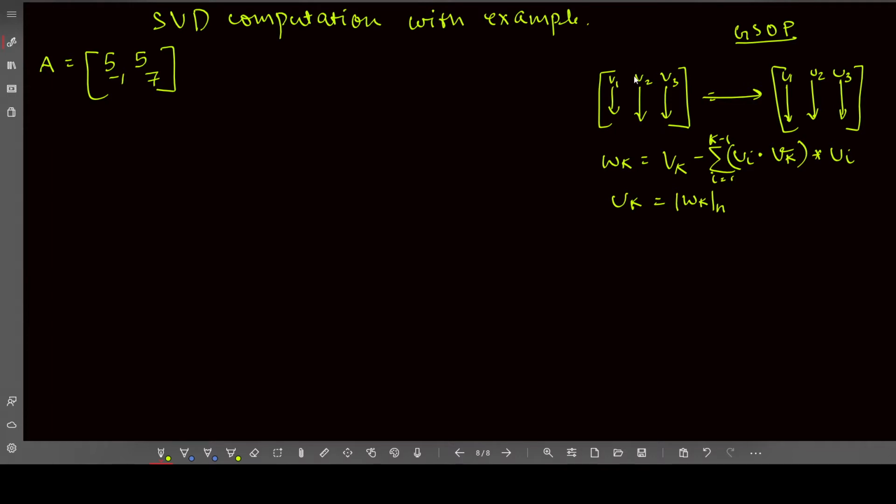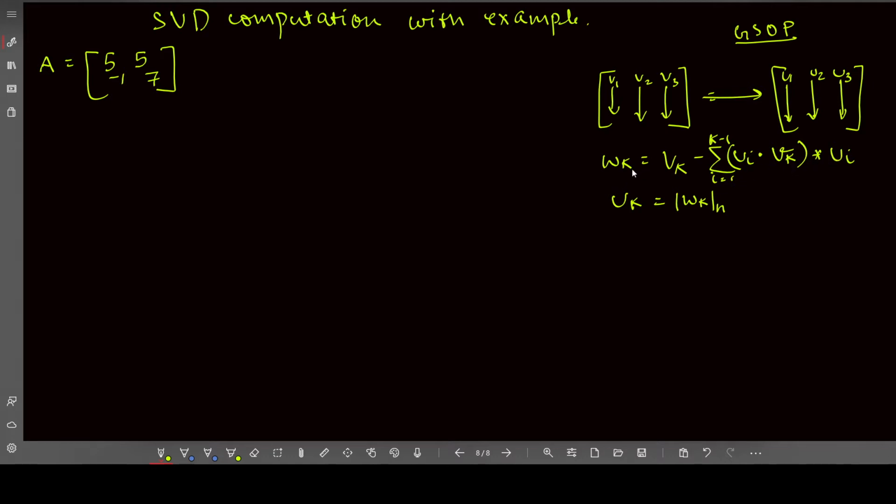But as a quick recap, if I have a matrix with vectors v1, v2, v3, and I want to convert this to an orthonormalized matrix of vectors u1, u2, u3, then I use this formula: wk equals vk minus the sum of ui, the normalized vectors from the previous iterations, dot product with vk, and then multiplied again by ui.